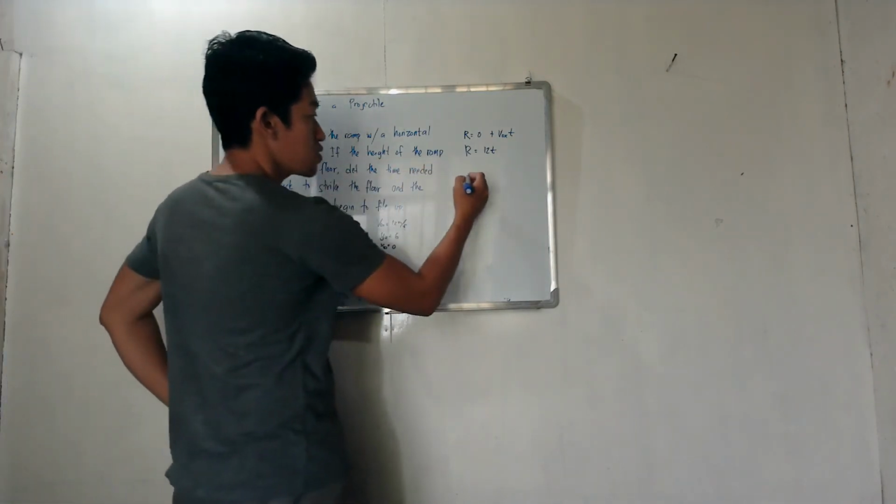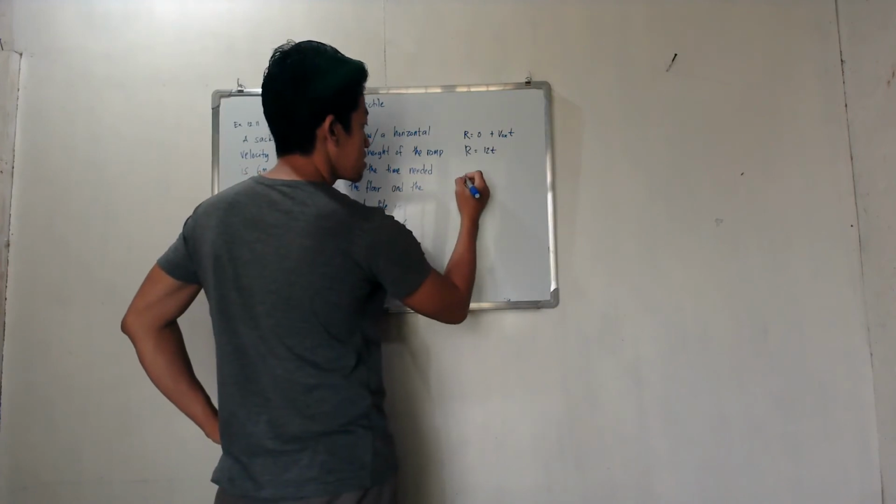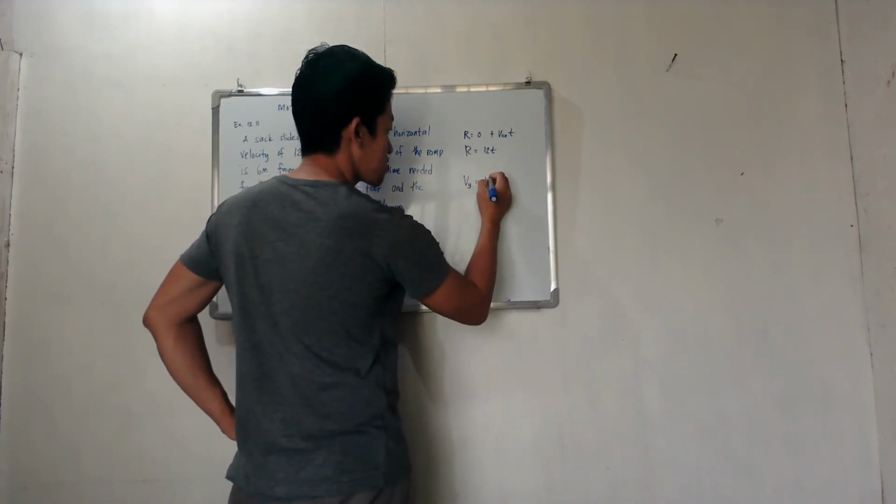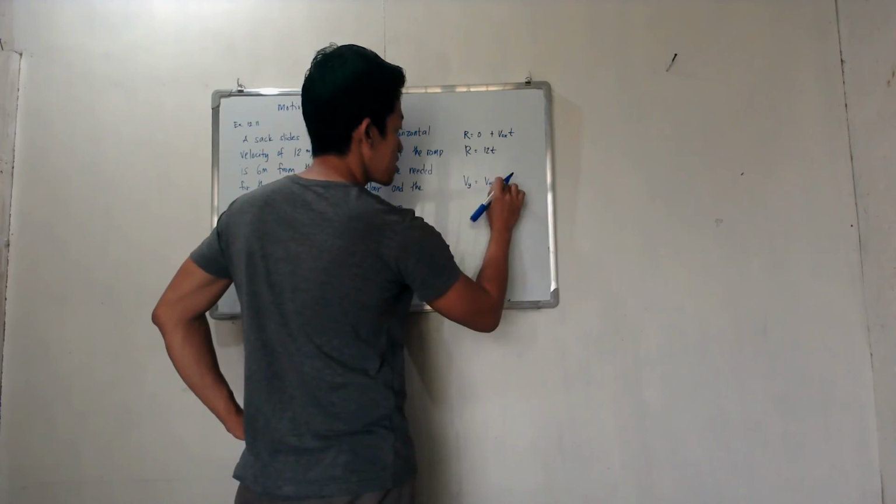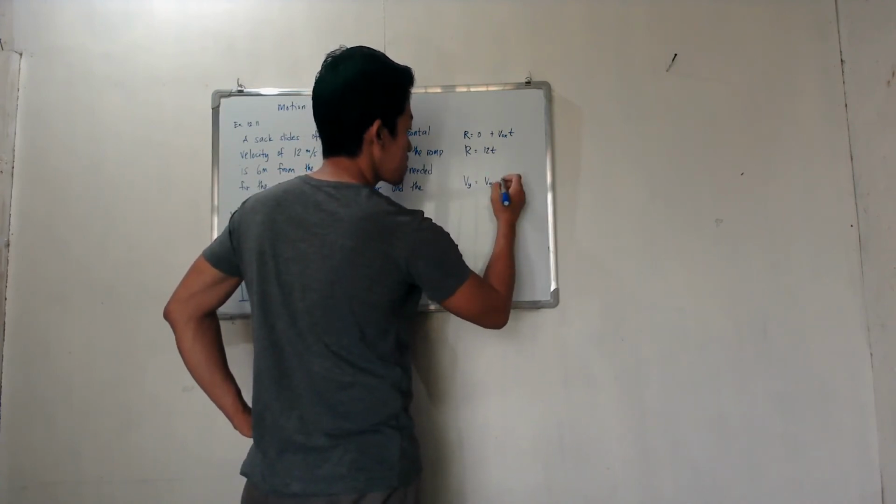For the vertical motion equations, Vy is Voy minus gt.